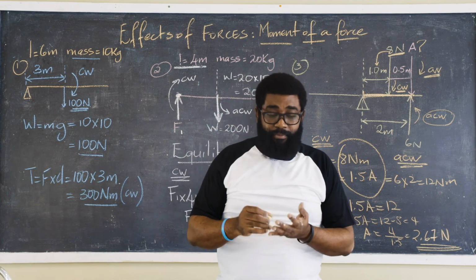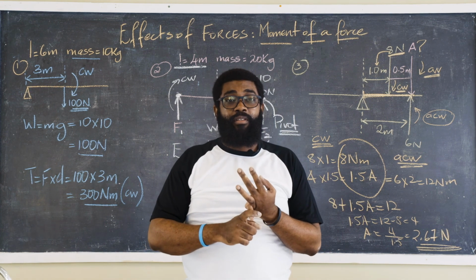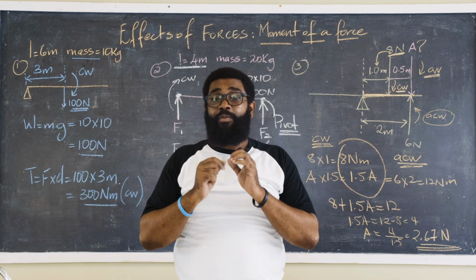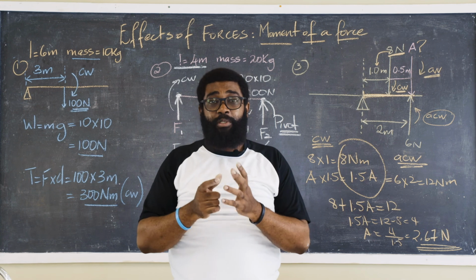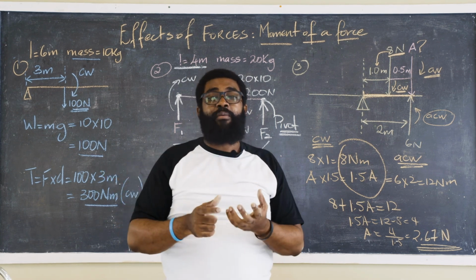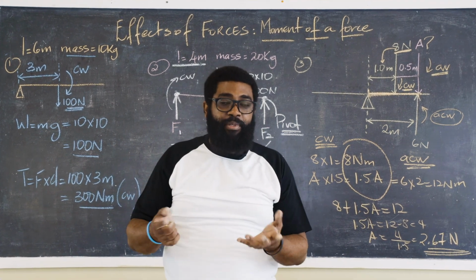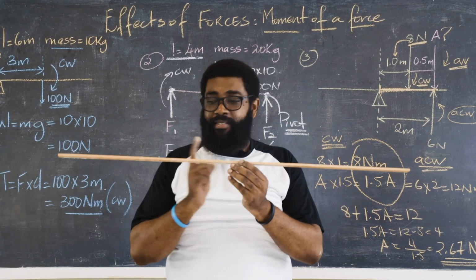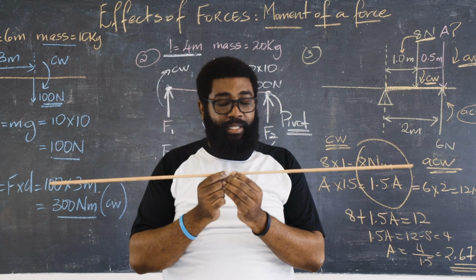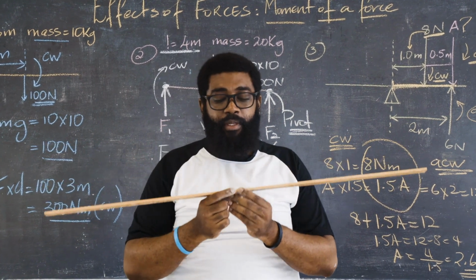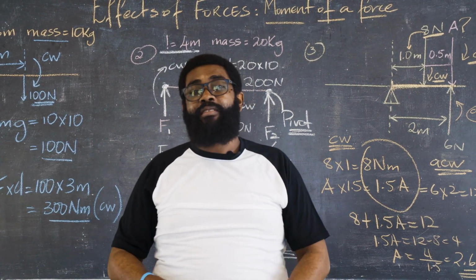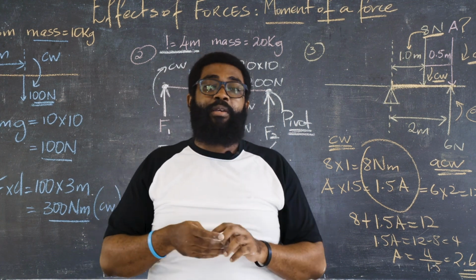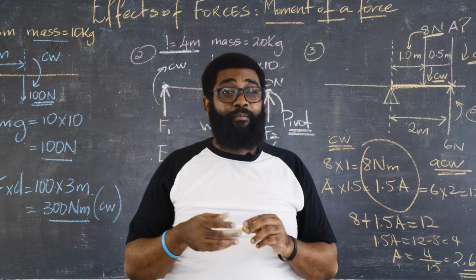Please remember, moment of force is the effect force has on an object which is pivoted and can freely rotate about the pivot, because when a force acts on such an object, rotation happens. An object which is uniform has basically the same mass throughout its length, same mass distribution. And the principle of moments states that the sum of clockwise moments is equal to the sum of anti-clockwise moments about the same fixed point or pivot.